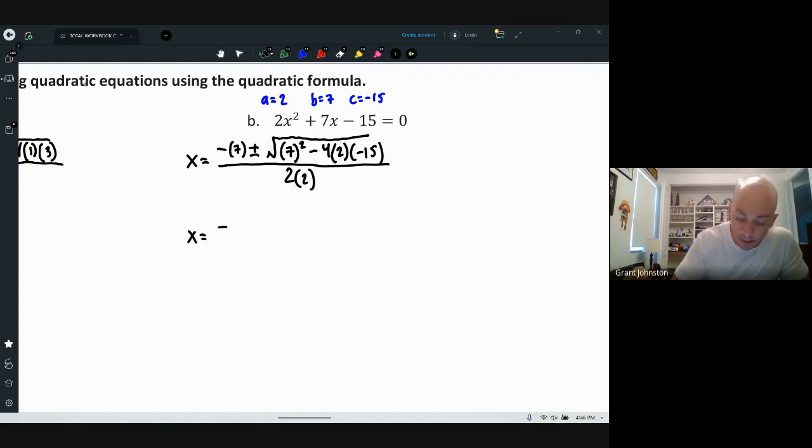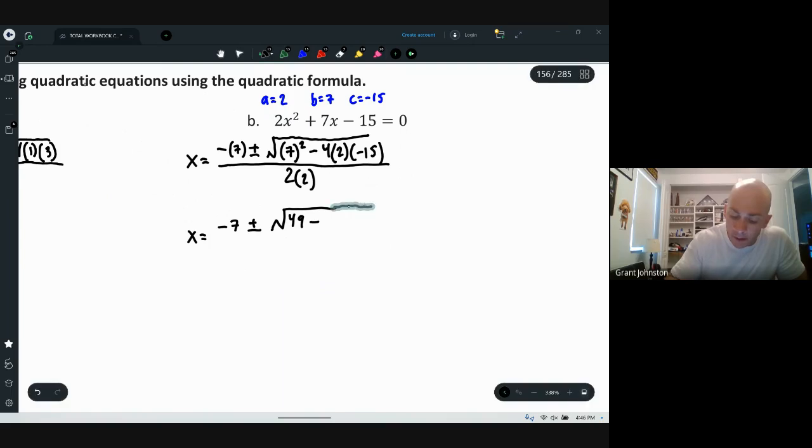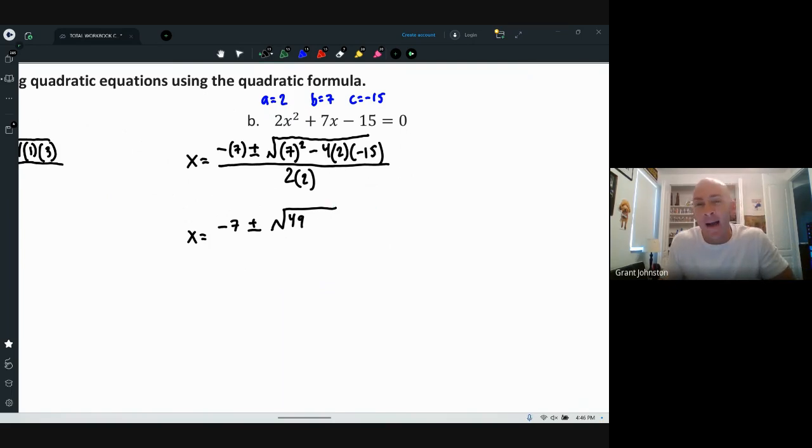So this would be negative 7 plus or minus 7 squared, which is 49. Now before I write that minus there, let's be careful here because we have a minus 4 times 2 times negative 15. That negative 4 times the negative 15, I actually know this is going to be positive.